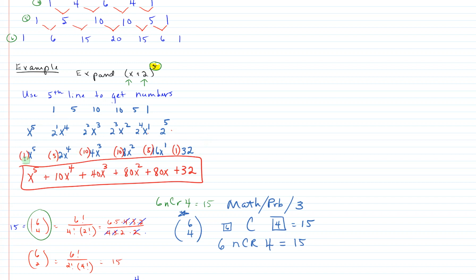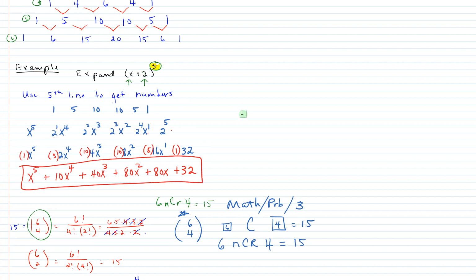And so now the final answer is going to be x to the fifth. I'm going to multiply 5 and 2, so I have 10x to the fourth, 40x to the third, 80x squared, 80x, and 32. And that's what you get if you multiply this by itself 5 times.